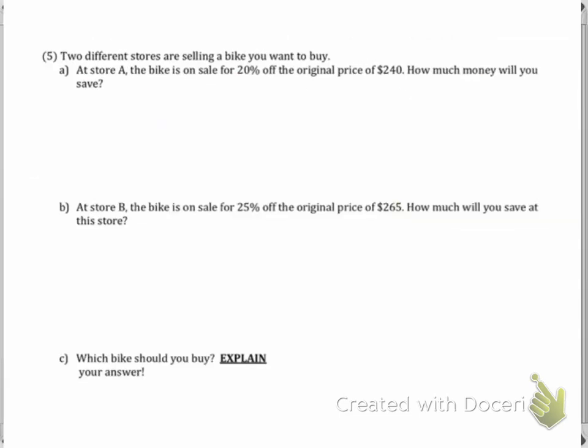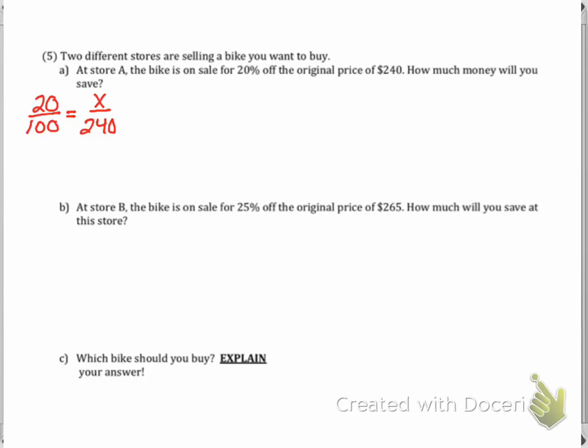Then in number 5, this is a great application problem because we're going to compare 2 different stores. In store A, there's a bike on sale for 20% off the original price. So to figure out how much I'm going to save, I've got to find 20%. So 20 over 100 is equal to x over 240.